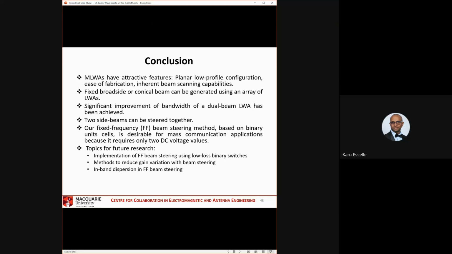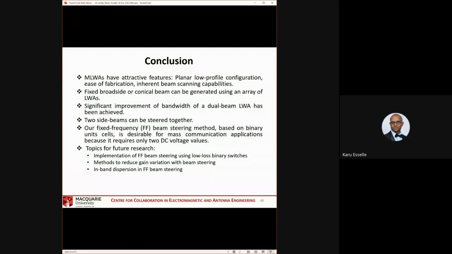I did not mention in the beginning, but one of the disadvantages of leaky wave antennas is they are inherently dispersive. So the beam goes in different directions at different frequencies. This can happen even within a relatively narrow beam width in a wideband system.